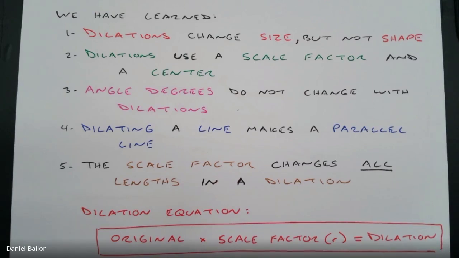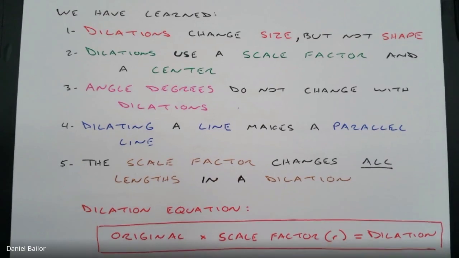And that fact, number 5, is really going to help us today make dilating a little bit easier on a graph. So that number 5 is going to be very important today. The scale factor changes all the lengths. It changes the width, it changes the length, it changes the perimeter. Every length in a dilation is changed by the scale factor.